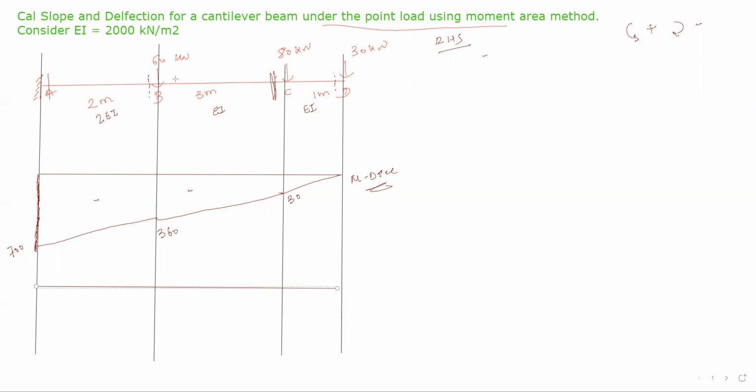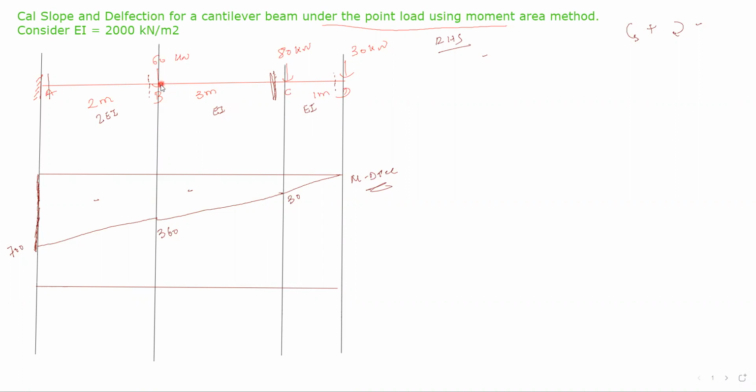Listen to me carefully. If I am visiting any junction and at that junction the left side and right side have a variable EI, let's say for example point B. At point B, if I am seeing the left side, your EI is 2EI, and on the right side your EI is EI. So can I say that at point B there is a change in geometry?